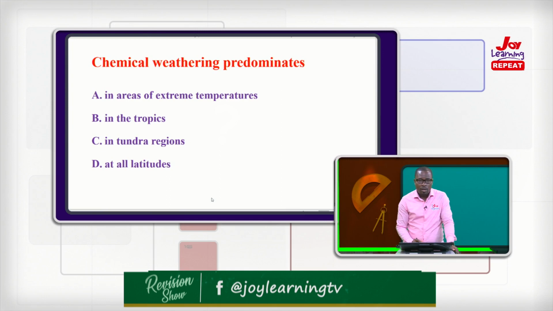Do I have someone on the line? Yeah. Okay, your name and where you are calling us from? Name is Sharif. Sharif again. Charlie, you want to answer all the questions. So, Sharif, which one is the answer? A. In areas of extreme temperatures. Sharif, are you sure?